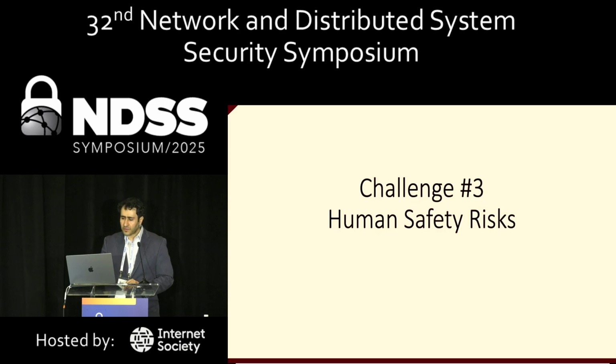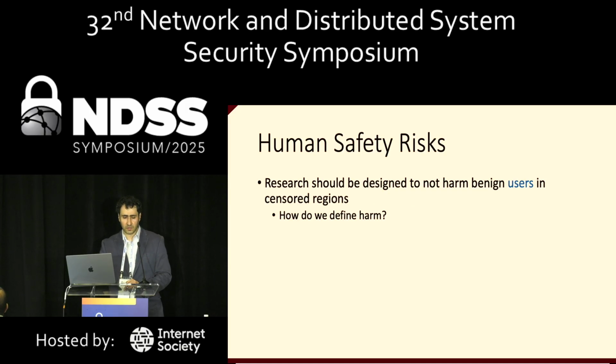Okay, so I want to say the third challenge is about the unique human safety risks that exist in the field of censorship circumvention research. First of all, when you develop your research methodology and your measurement techniques, you need to make sure it's not harming typical users.